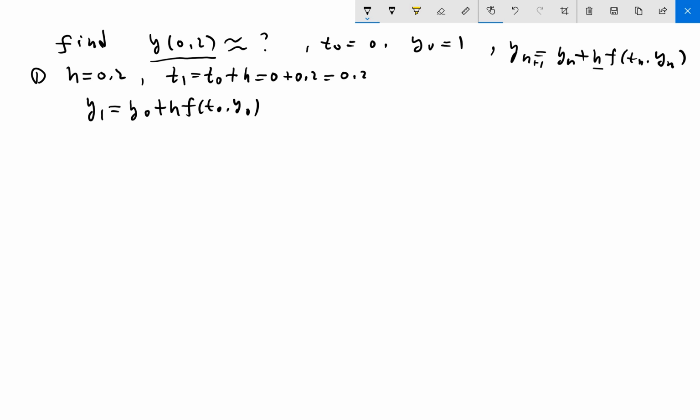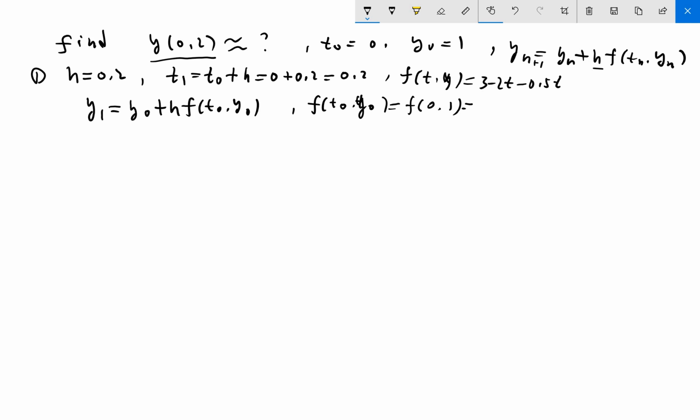Now let's find what f(t0, y0) is first. f(t, y) from the previous page equals 3 minus 2t minus 0.5y. That's my f(t, y). So what is f(t0, y0)? t0 we said is 0, y0 is 1.